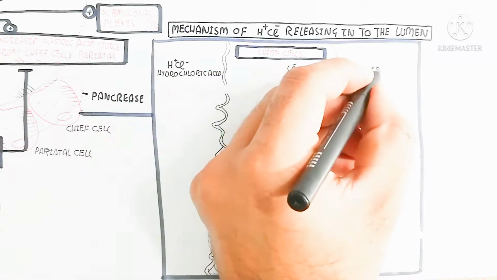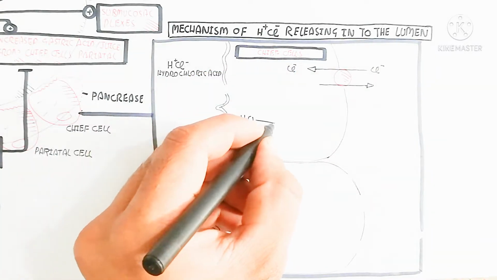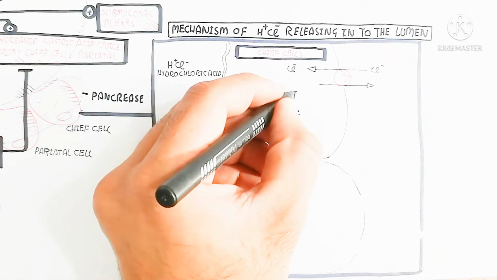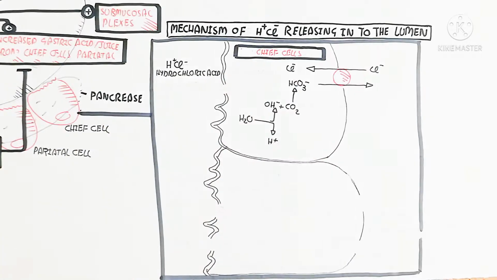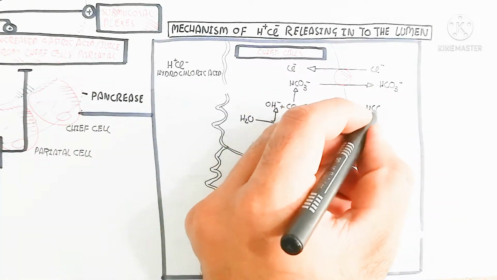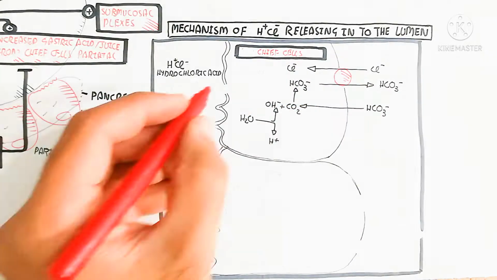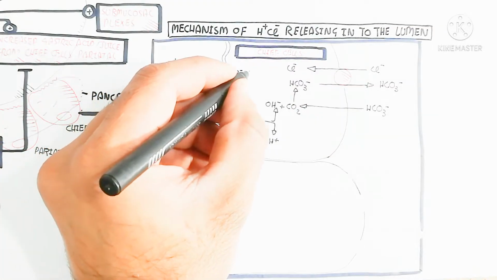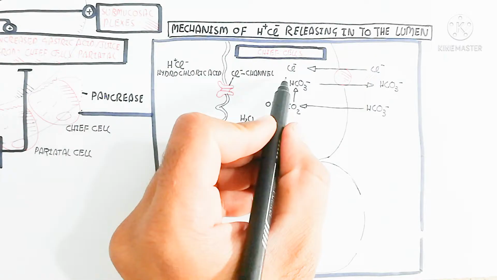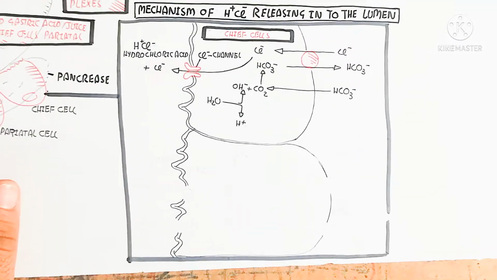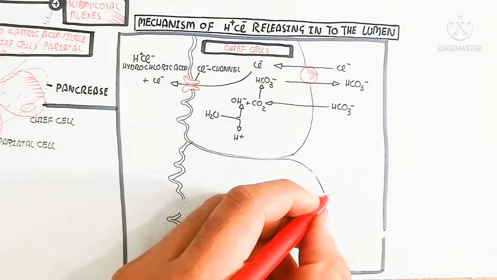How? Here, chloride ion moves inside and bicarbonate moves out into the blood circulatory system. In this exchange, chloride moves out through a chloride channel, while water dissociates, and hydrolysis occurs producing a hydroxyl group and a proton.